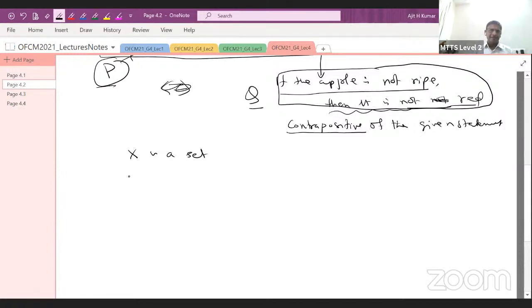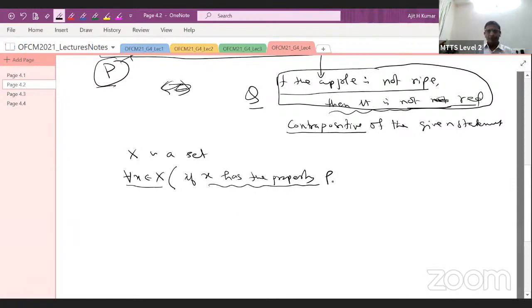Take any x in X. Then let us say the statement for a given x in X is: if x has the property P, this implies that x has the property Q. So that is my statement.